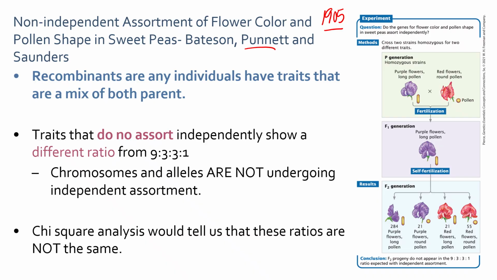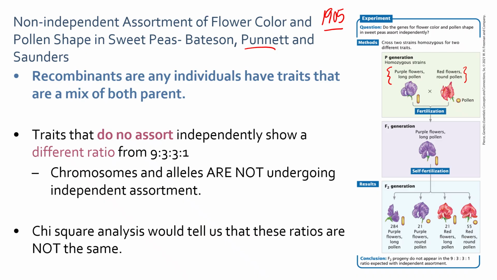doing, but they ended up looking at some different characteristics in pea plants, and they did a cross between plants for flower color and pollen size. And so they took 2 parents, purple flower with long pollen grains and red flower with round pollen grains.